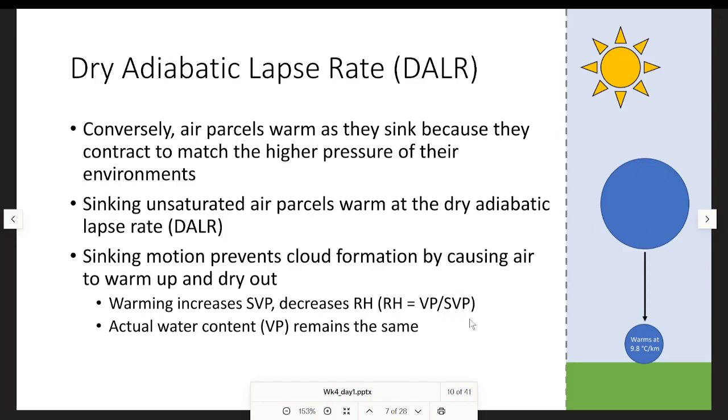The saturation vapor pressure is a function of temperature, and the vapor pressure is a function of how much water vapor is in the air. The actual water content remains the same once again, because it's adiabatic. So, long story short, if the air gets warmer but you have the same amount of water, it is going to have less humidity. That's why sinking air causes dry, high pressure systems. When it goes down, it always follows the dry adiabatic lapse rate.